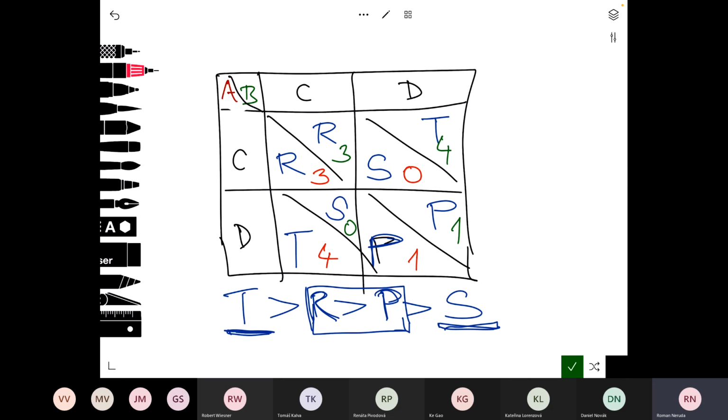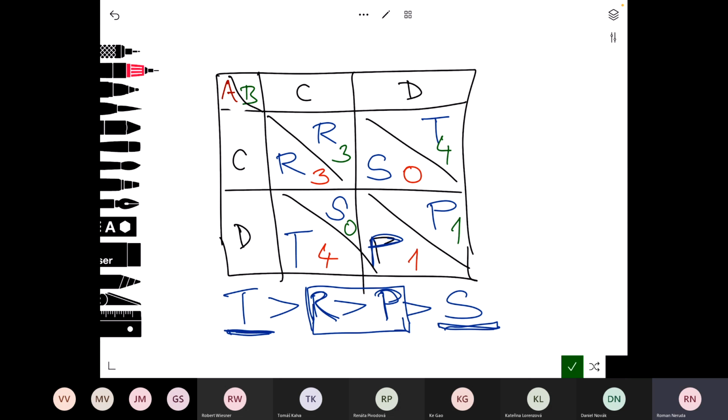So that's the situation now. Take a look at the numbers, right? If both cooperate, the police can actually punish, get them some 3 years in prison, but that's it.